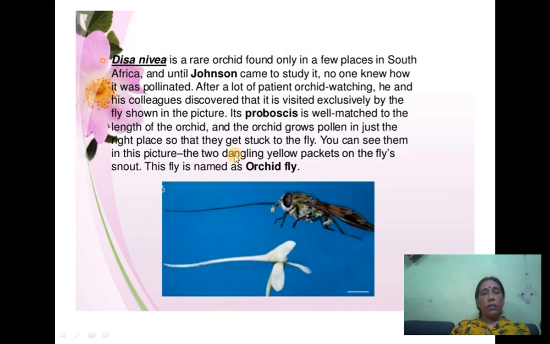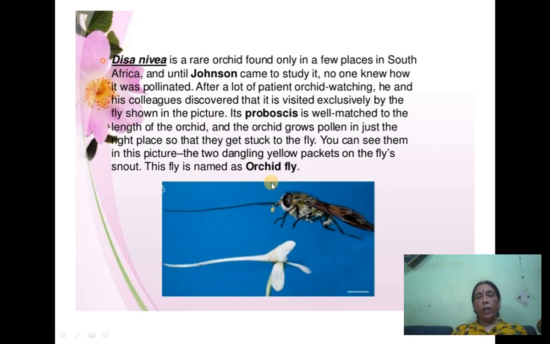These are some examples. Disa nivea is a rare orchid found only in a few places in South Africa, and until Johnson came to study it, no one knew how it was pollinated. After a lot of patient orchid watching, he and his colleagues discovered that it is visited exclusively by the fly shown in the figure.